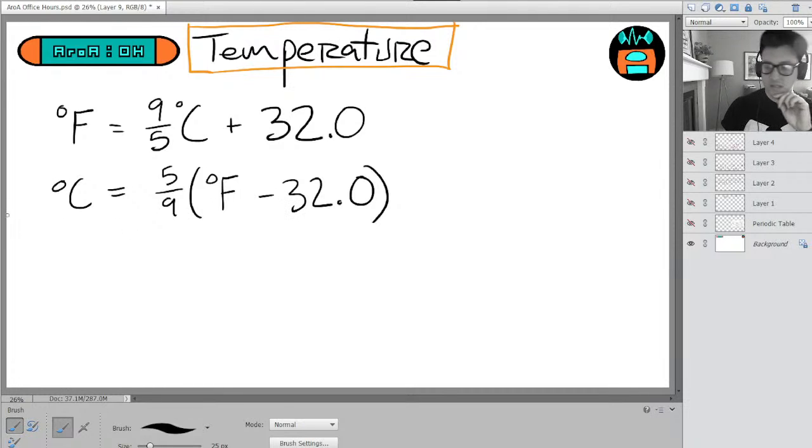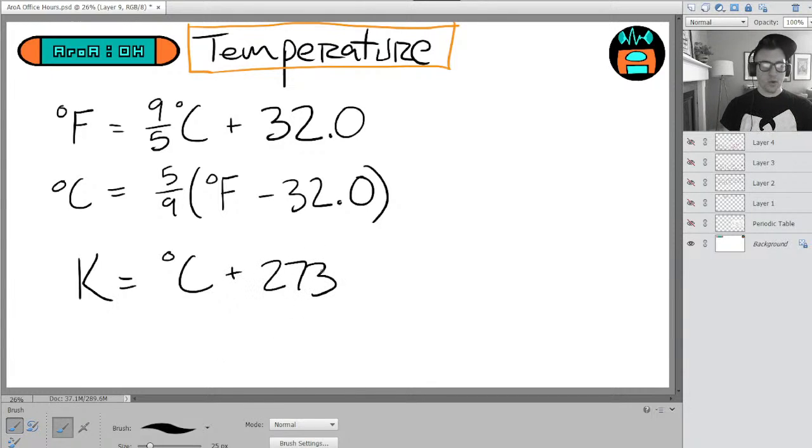And then finally, the conversion from Kelvin to degrees C: Kelvin is equal to your temperature in degrees Celsius plus 273. All right, and that will convert Celsius to Kelvin.